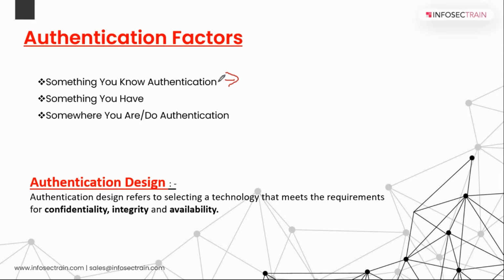A username is not a secret, but you should not publish it openly. A password must be known only to the account holder. We can also call it a PIN, which also belongs to the account user. So this is something you know.